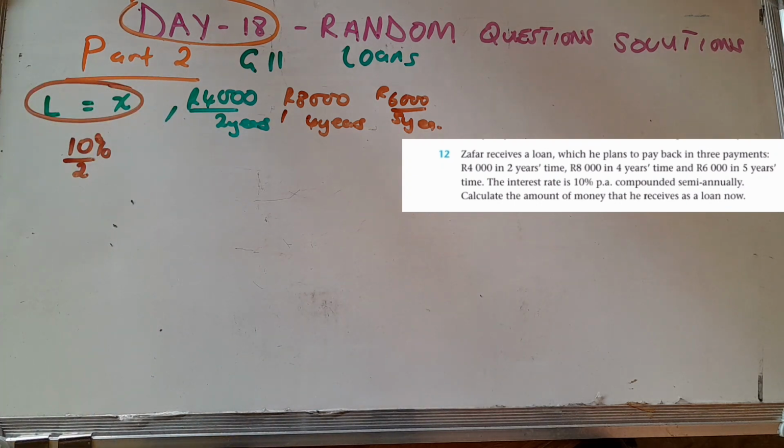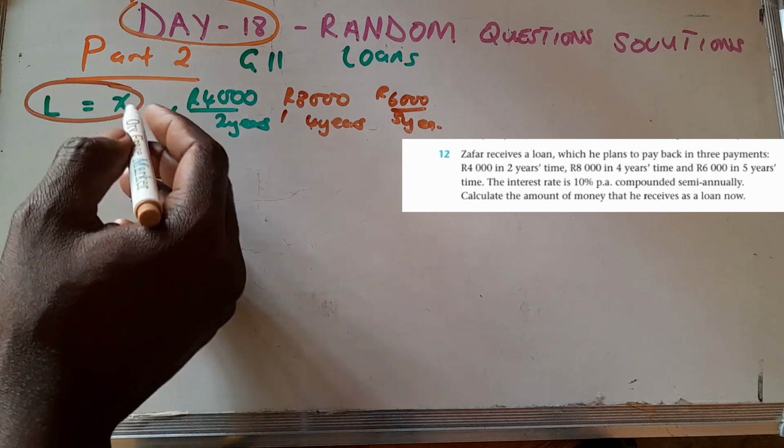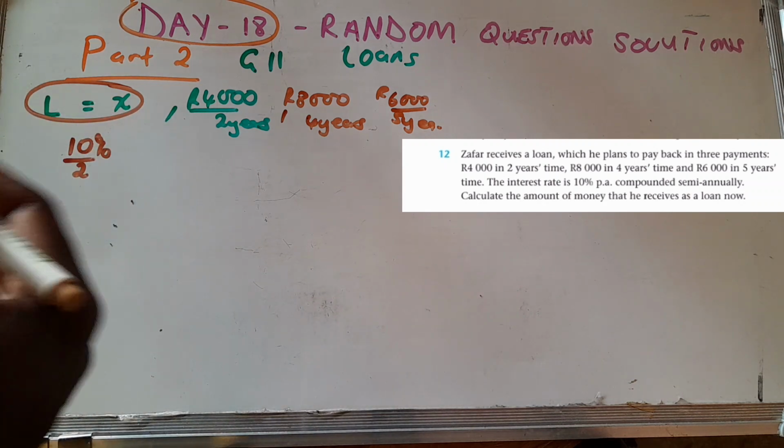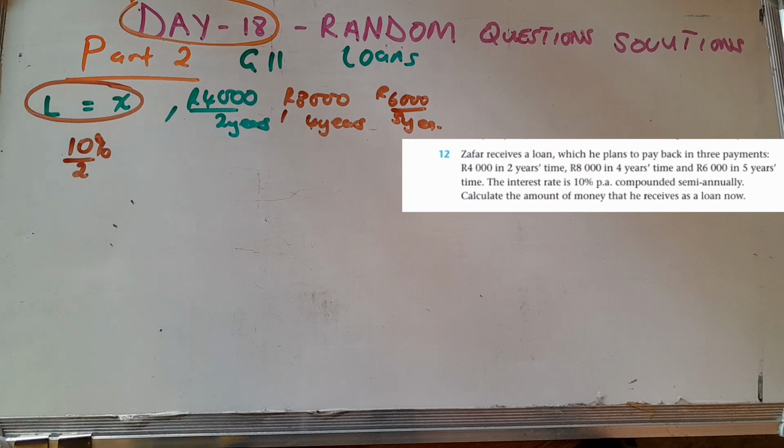So again, when you are drawing this timeline, remember what I told you. Whenever you are drawing a timeline, take money from a perspective that you understand. You can take this money from the perspective of the person that took the loan, or from the perspective of the bank, right?